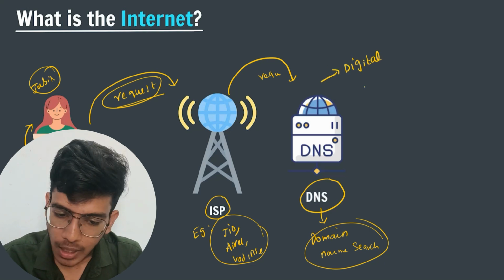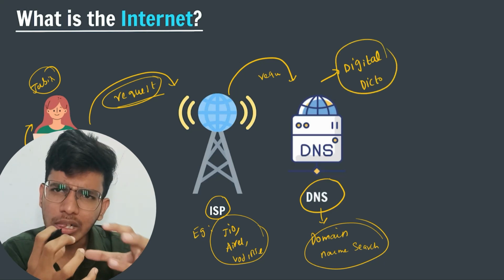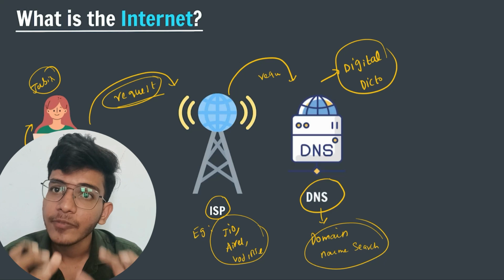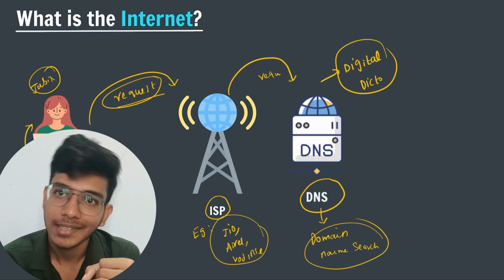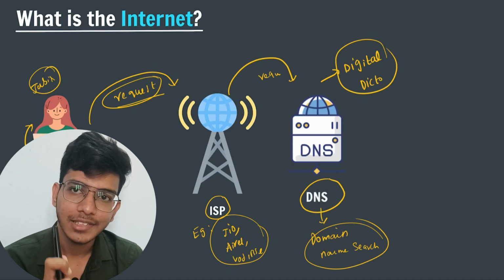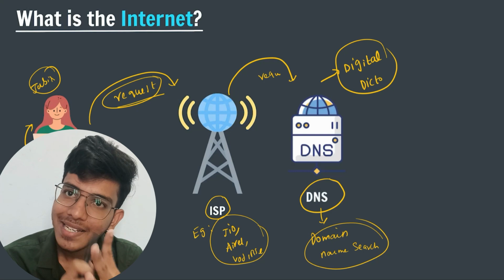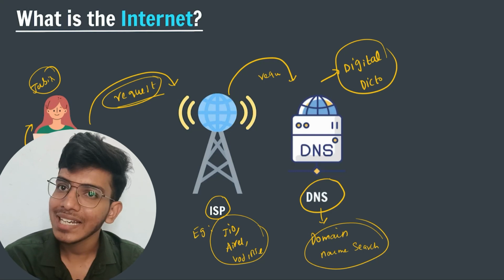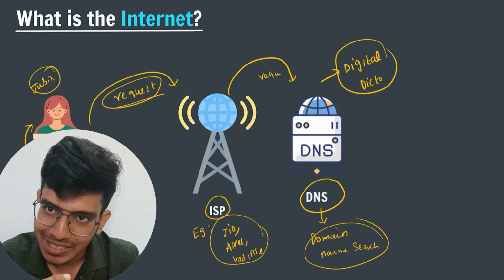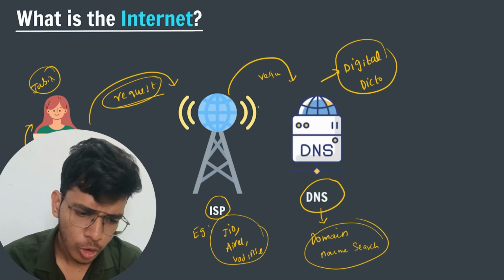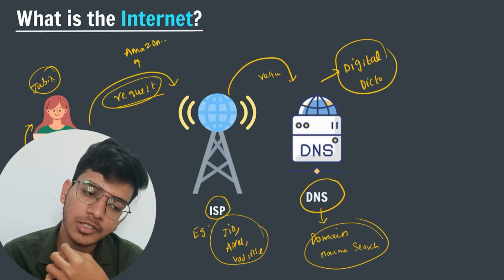Okay, similarly you can consider this as a digital dictionary, in which it will store all the different domain names, right? For example, amazon.in is a domain name, google.com is a domain name, amazon.com is a domain name, zepto.com is a domain name. So what this DNS will do is that it will store all the domain names, and for example, my request is amazon.in, I have typed amazon.in, right?